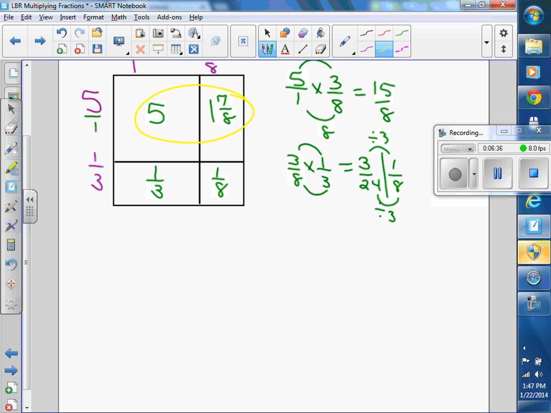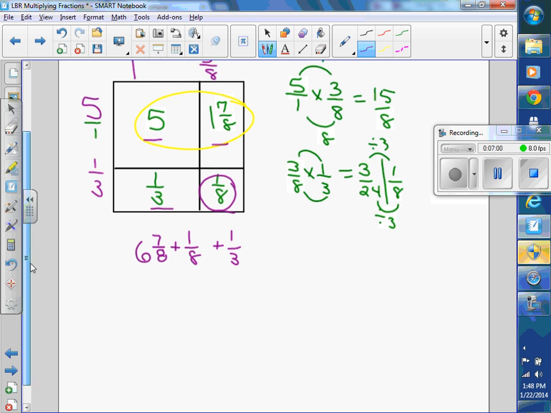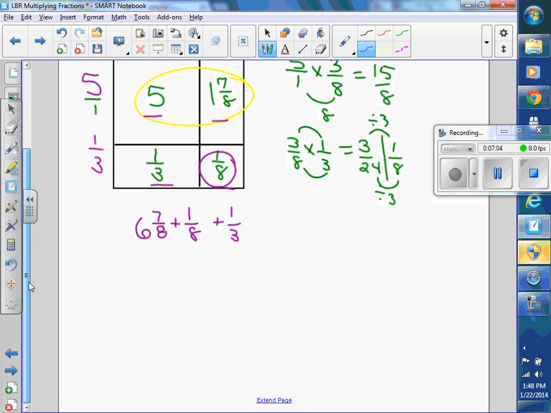So you could make that your next step. 6 and 7/8 plus another 1/8 plus another 1/3. Do you see what I did? So, like, you have 4 numbers in your area model. You add them up. I can't see the board. Oh, you can't see the board. Maybe you should come closer. Trade places with Nolan. How about that?